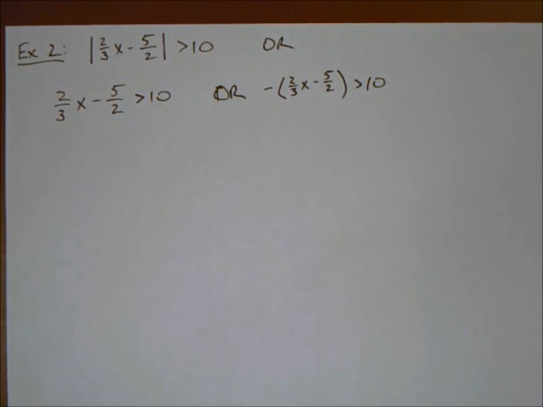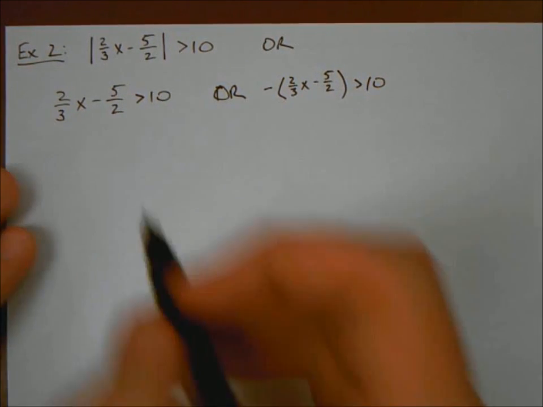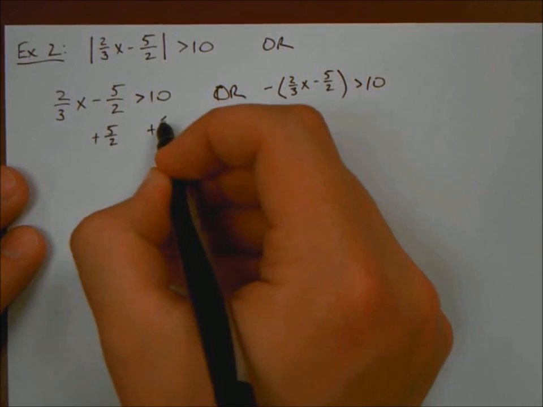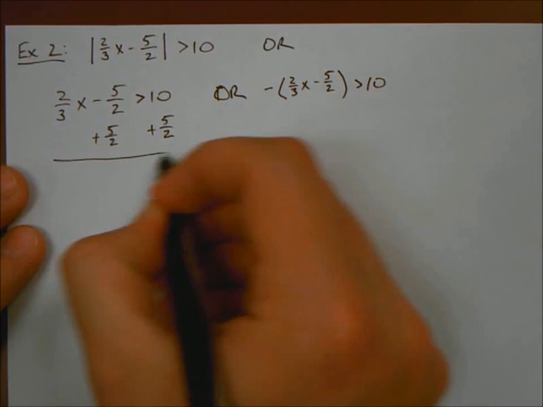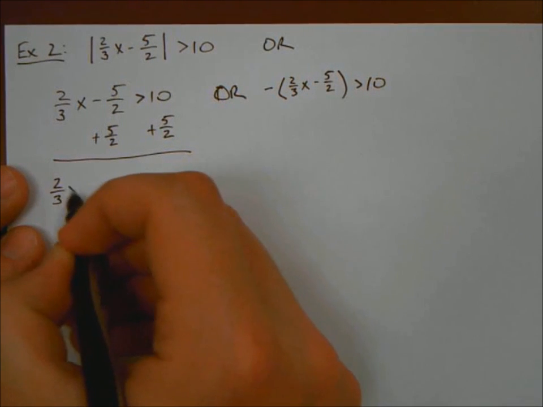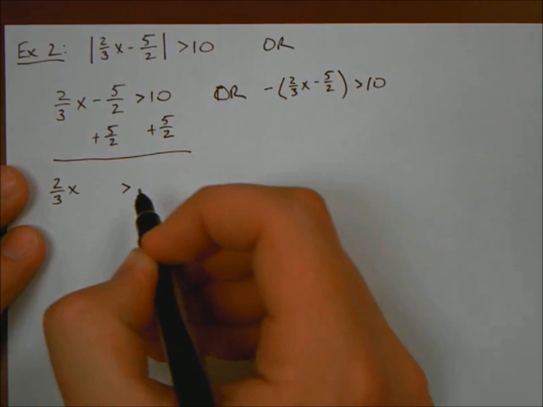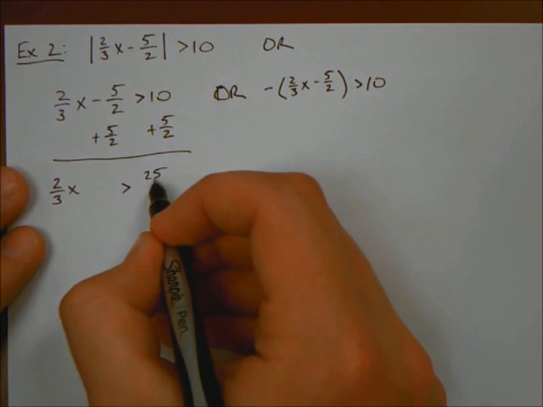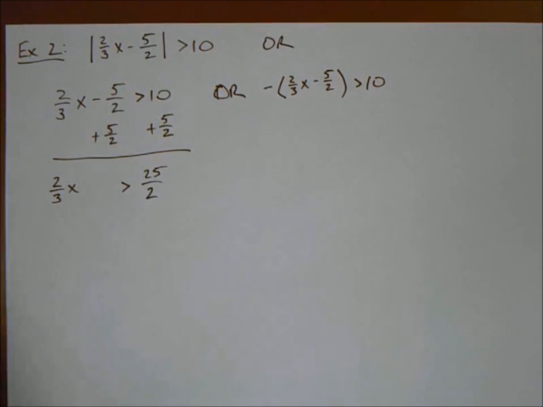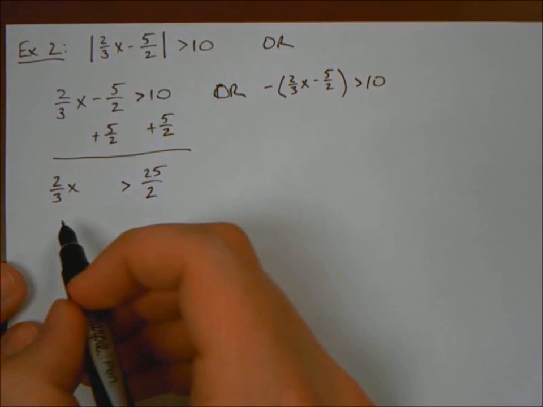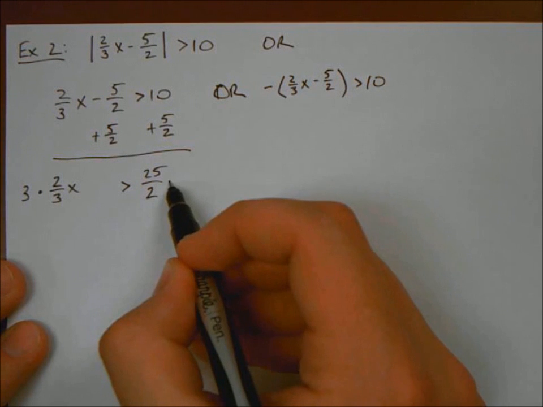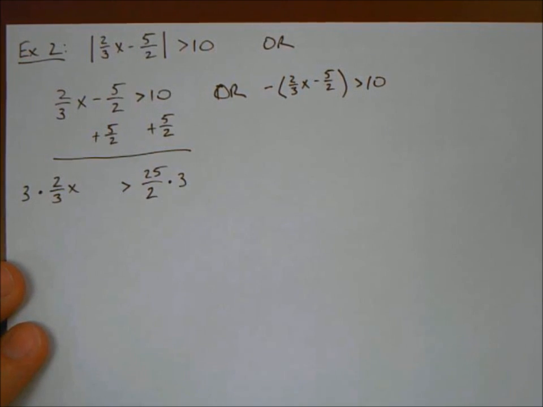Let's work with the one on the left and solve that. The first thing I'm going to do is add 5 over 2 to both sides. So 2 over 3x is greater than 25 over 2. Now again, I've got a fraction over here, so to get rid of the denominator, I'm going to multiply both sides by 3, the denominator.